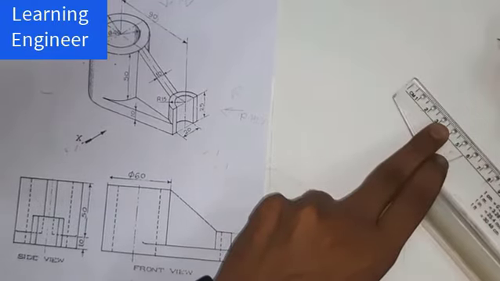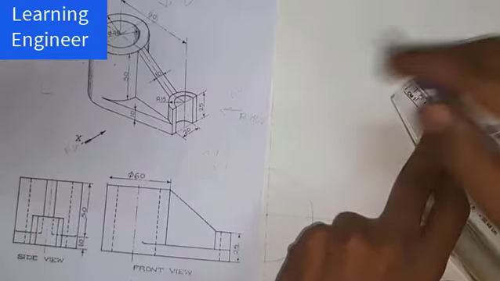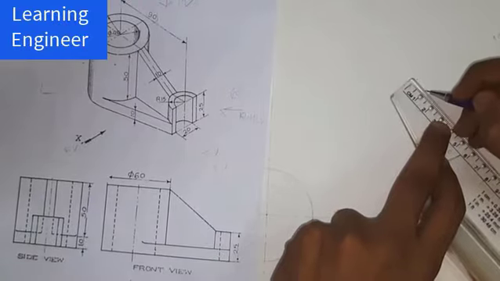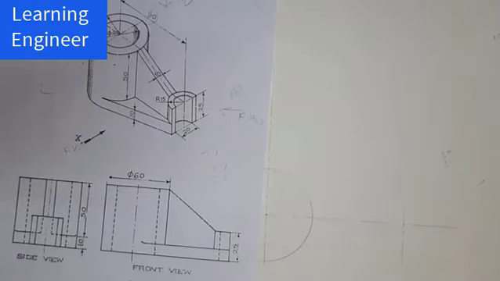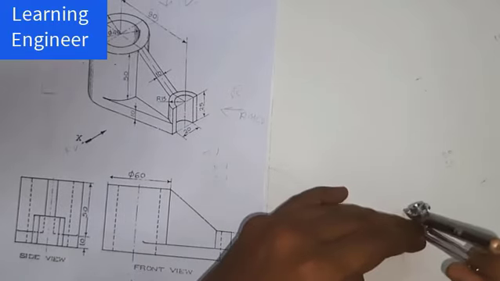Now the radius has been given as 15, and the inner radius has been given as 20, meaning 10 millimeter will be the radius. So I am marking 10 and I am marking 15 millimeter. So I have taken 10 mm for the inner circle and I have drawn the circle.